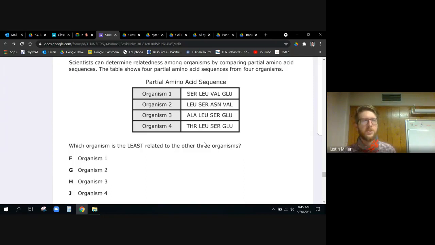DNA, right? So if I look at the proteins in my body and compare them to the proteins in your body, and if they're different, then that means our DNA is different, right? So different proteins means different DNA, because DNA is what has the instructions on which proteins to make and how to make them.